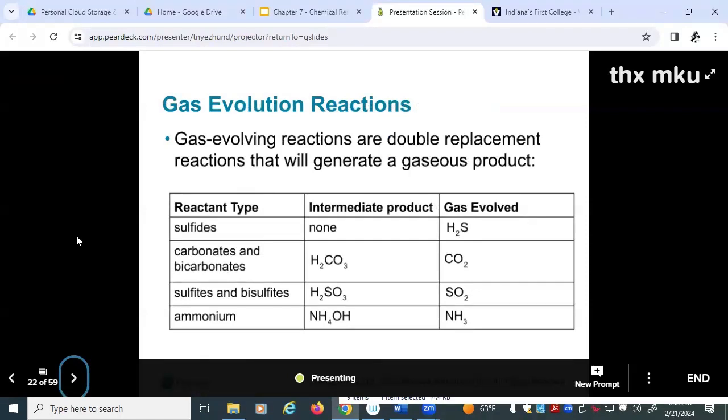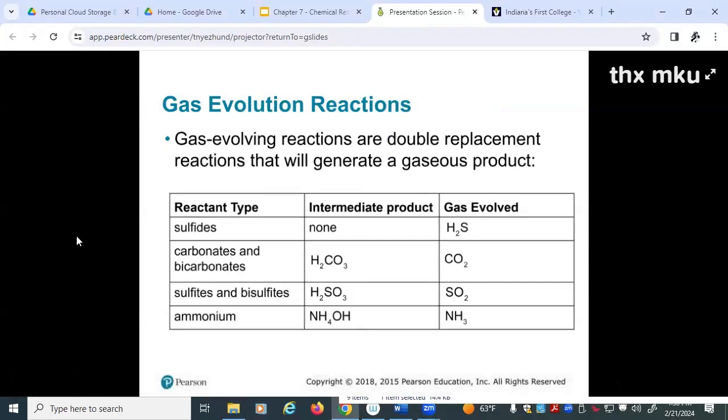The second type of reaction that we want to take a closer look at is the gas evolution reaction. This is a double replacement reaction as well, but instead of getting water, what we're going to get is some kind of gaseous product. Depending on what is being reacted, sometimes the gaseous product is actually the result of a secondary reaction that takes place when the primary product decomposes.